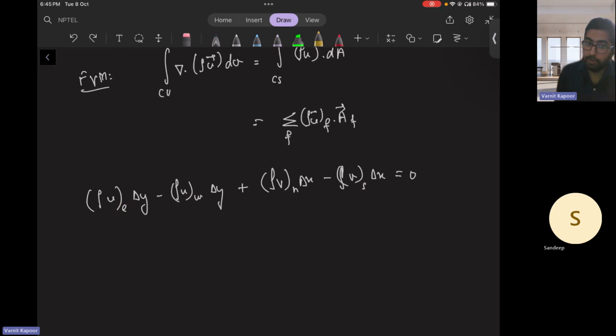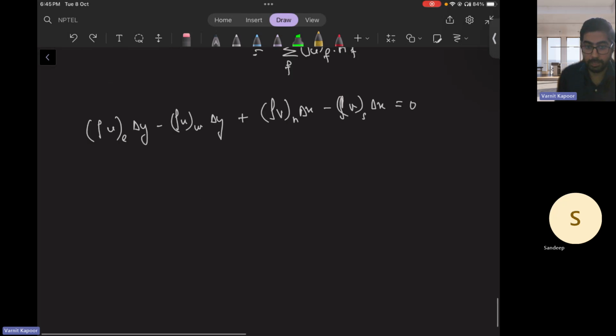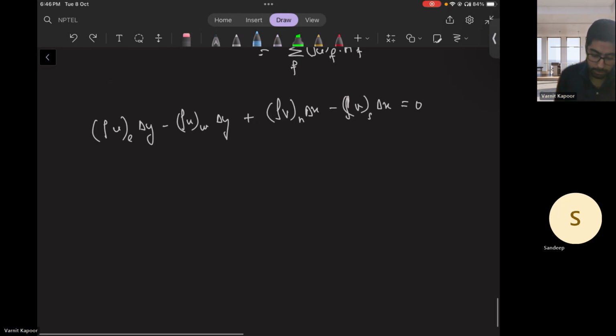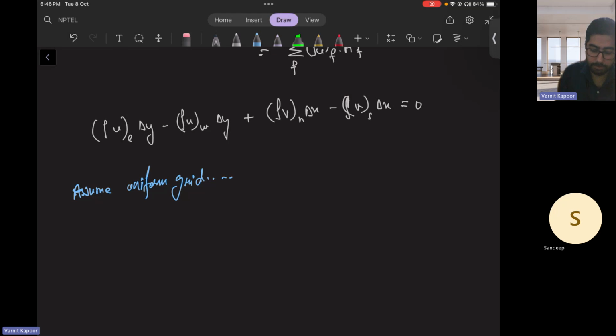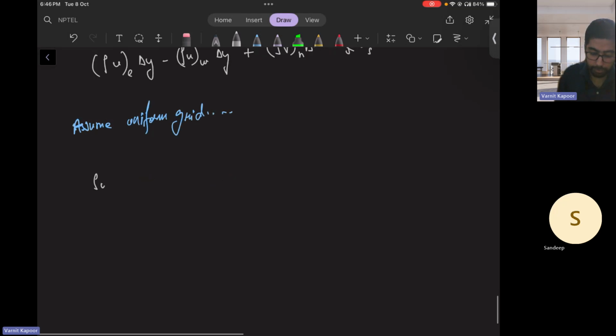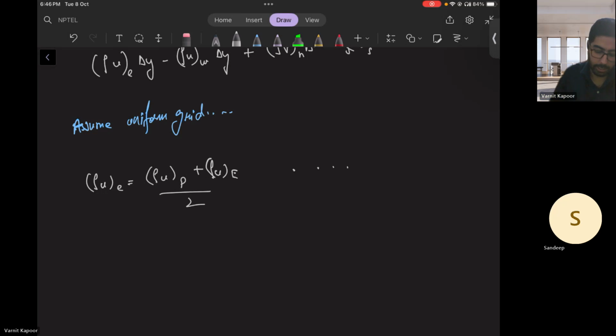So again, you assume a uniform grid and linear profile assumption. What you will get is ρu at east, which you can write as ρu at E plus ρu at P, divided by 2. Similarly for the west face and so on.